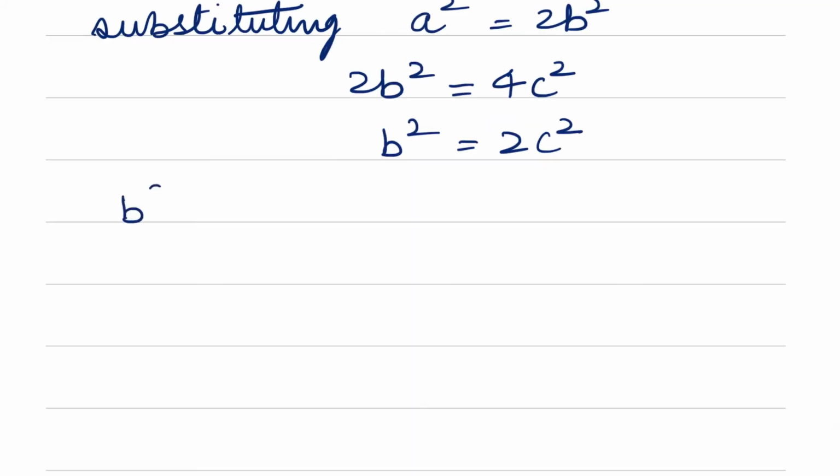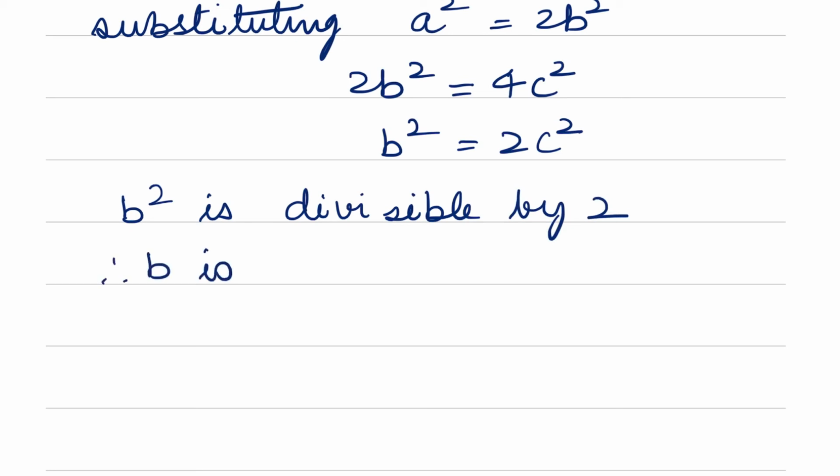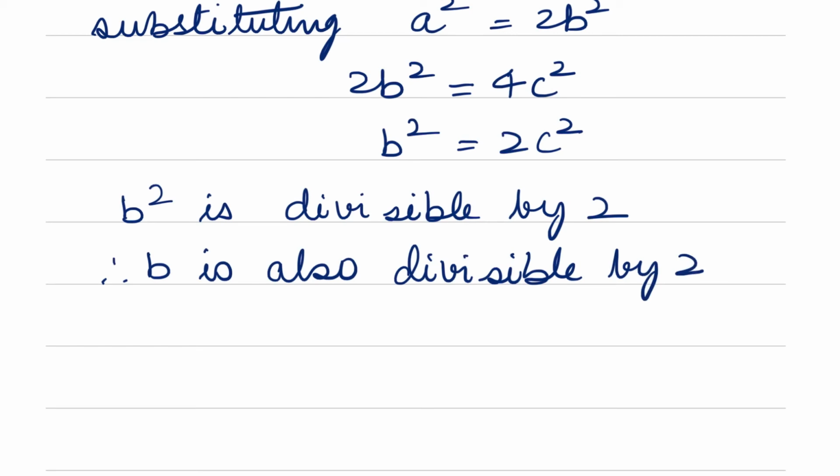So we can say B square is divisible by 2. Therefore, B is also divisible by 2. Let this be the second statement.